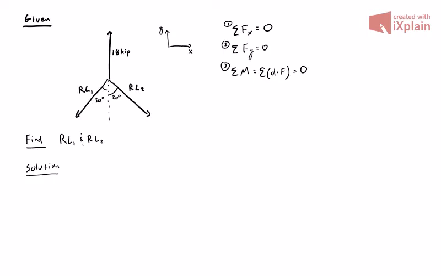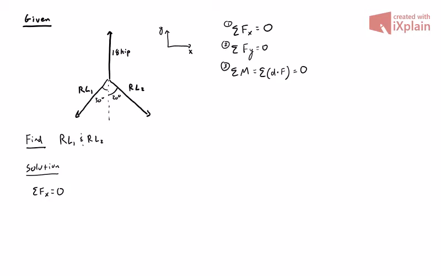All right. So for our first one, we'll do our sum of the forces in the x direction equation. So sum of the forces in the x direction is equal to 0. If we look at our three forces and our directions for x and y, we can see that our 18 kip force is straight up in the y direction only. So that's not going to be applicable to our equation for summing forces in the x direction.